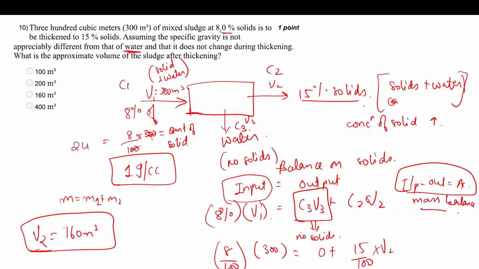Here, I am able to use this formula because the first assumption should be that 8% is weight by volume, right? In this manner, you can convert this term into mass.